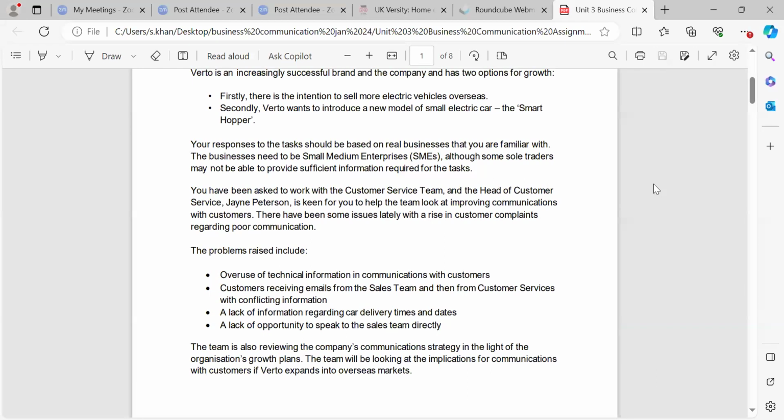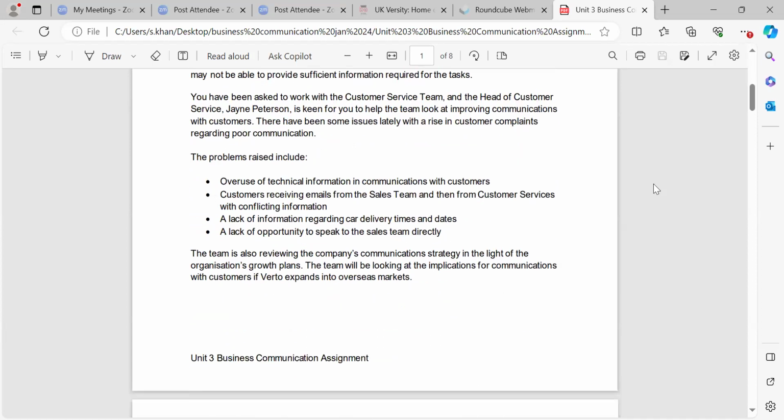The problems raised include overuse of technical information in communications with the customers. Secondly, customers receiving emails from the sales team and then from customer service with conflicting information. Thirdly, a lack of information regarding car delivery times and dates. And fourthly, a lack of opportunity to speak to the sales team directly.